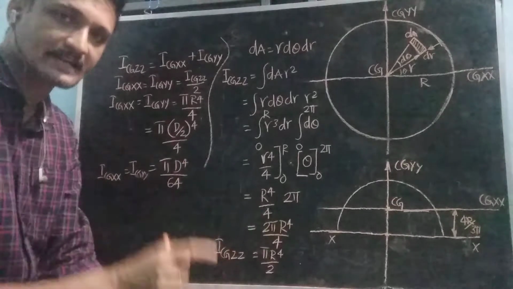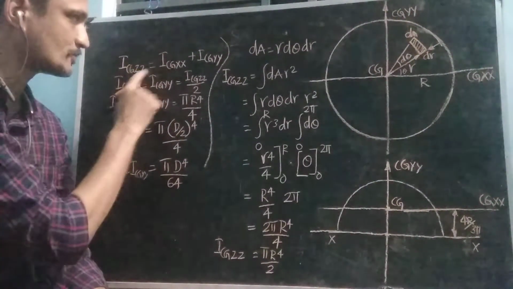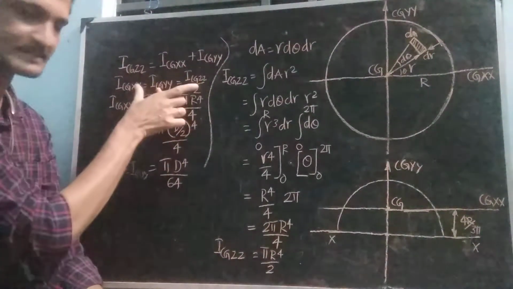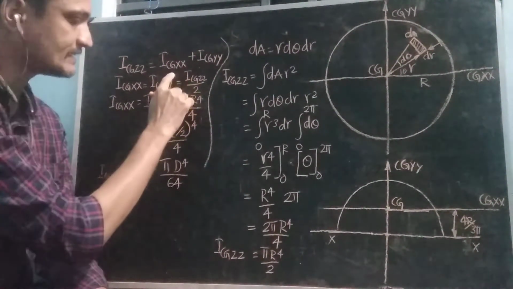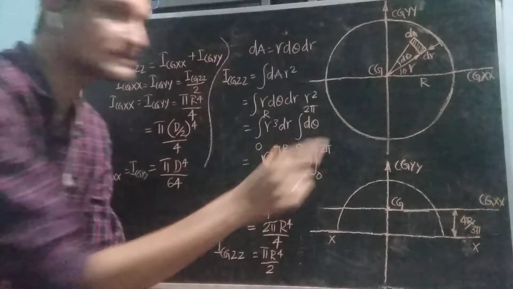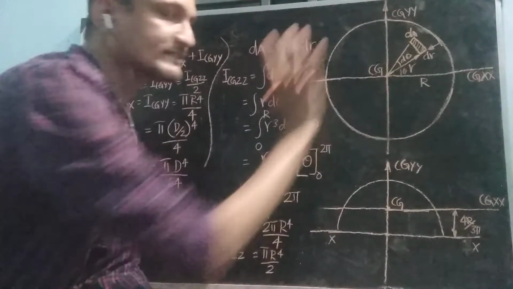from the perpendicular axis theorem, ICGZZ is equal to ICGXX plus ICGYY. Both ICGXX and ICGYY are equal because this circle is symmetric about both x and y axis.